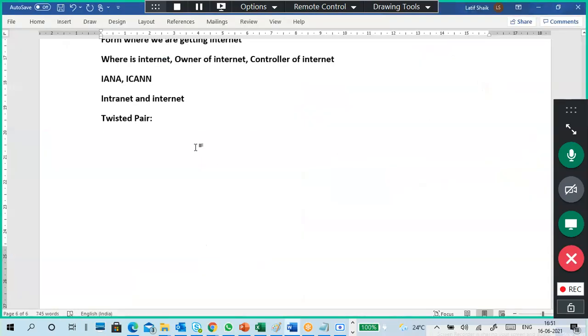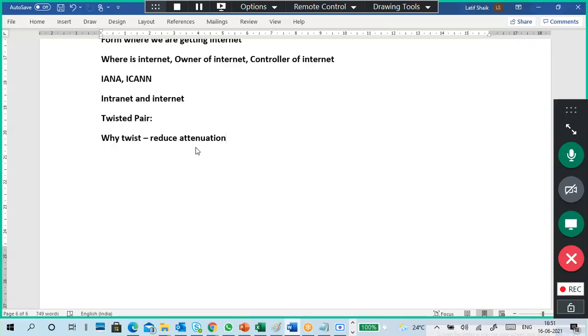White twist... Because of the twist, it cancels the interference in transmission lines. It means it reduces attenuation.